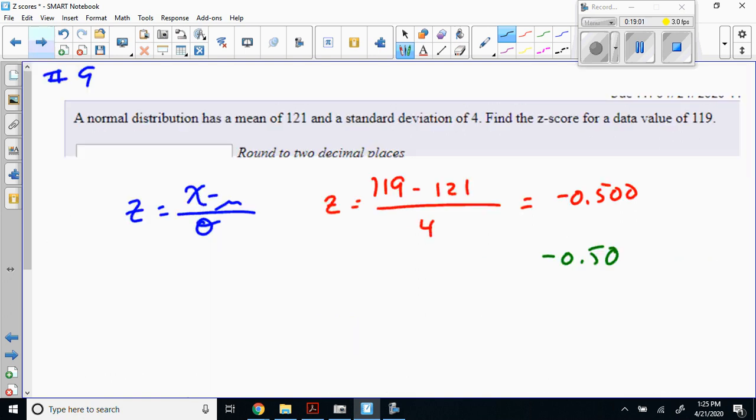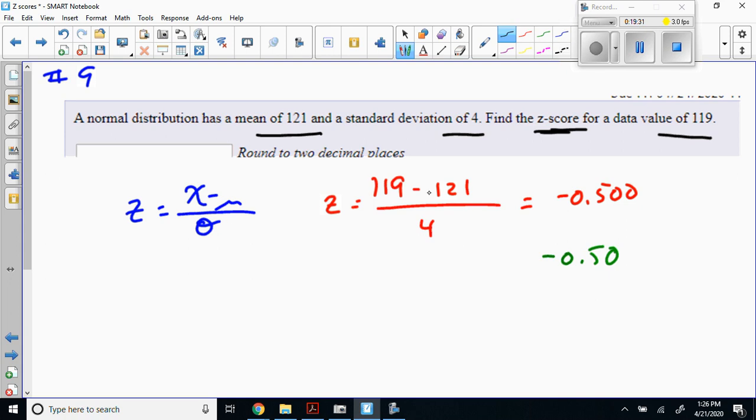Now, let me jump to number 9, because number 9 has one that just says, here's a normal distribution that has a mean of 121, a standard deviation of 4. Find the z-score, only the z-score, for the data value of 119. So the z-score is x minus the mean over the standard deviation.